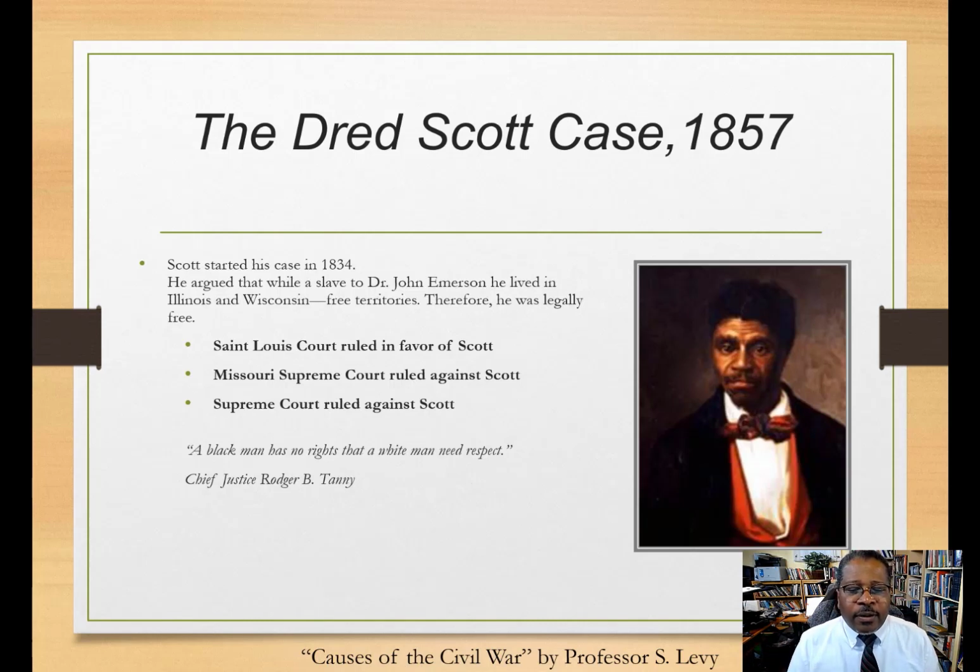Well, the potential of this decision would mean that even in the North, where the people in those states have abolished slavery, they may not be legally able to prevent Southerners from moving there with their slaves if it's their property. Right? And so this raised the specter for people in the North that slavery could in fact return to the North, even though state law says that you can't own a slave in this state, that federal law may permit it.